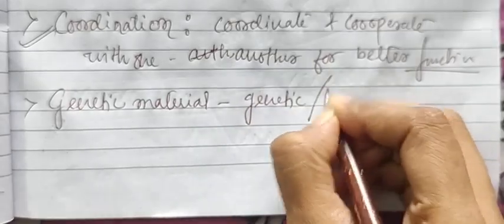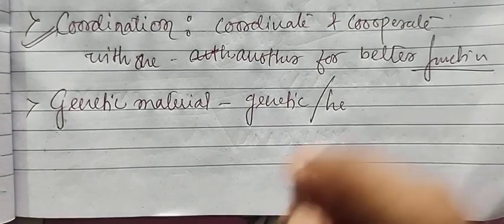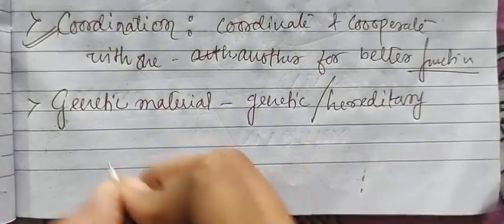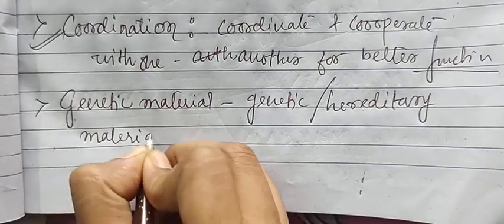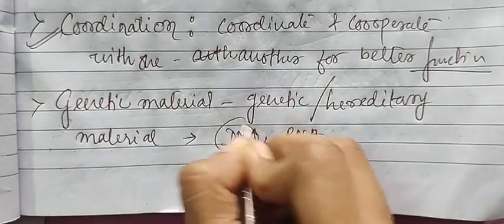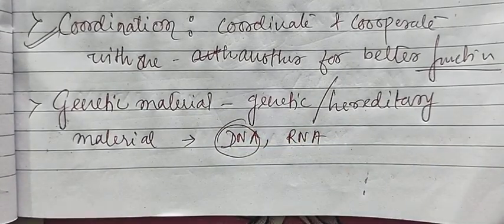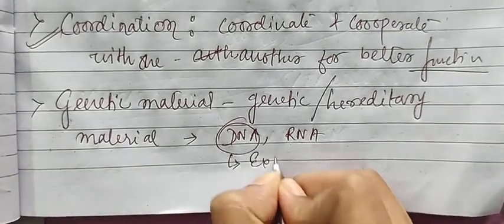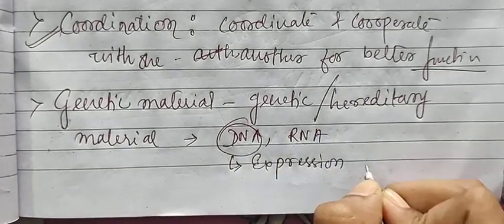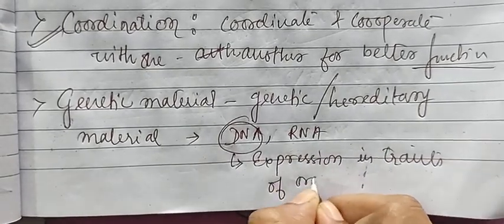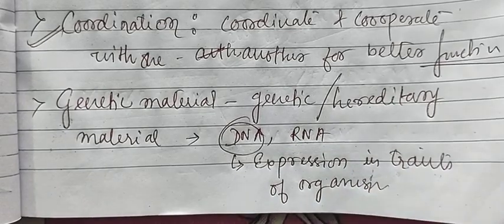Examples are DNA and RNA. DNA is the main important genetic material, and what is the main function of the DNA? It is responsible for expression of traits of the organism.